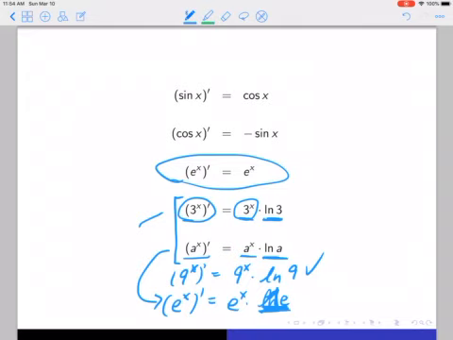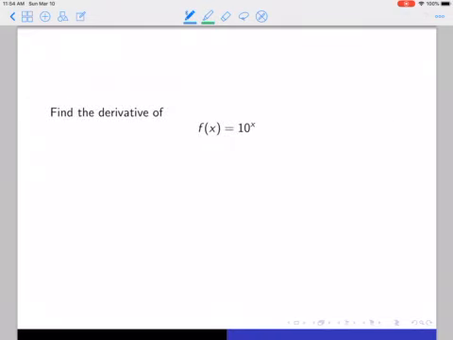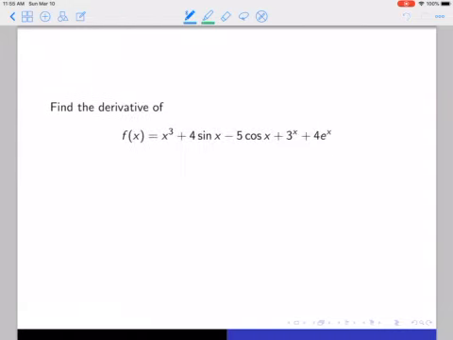So let's close by doing a few examples. Let's find the derivative of 10 to the x. That's going to be 10 to the x times the natural log of 10. And let's go back to our original problem. Well, we already did the first term. The derivative of x cubed is 3x squared.